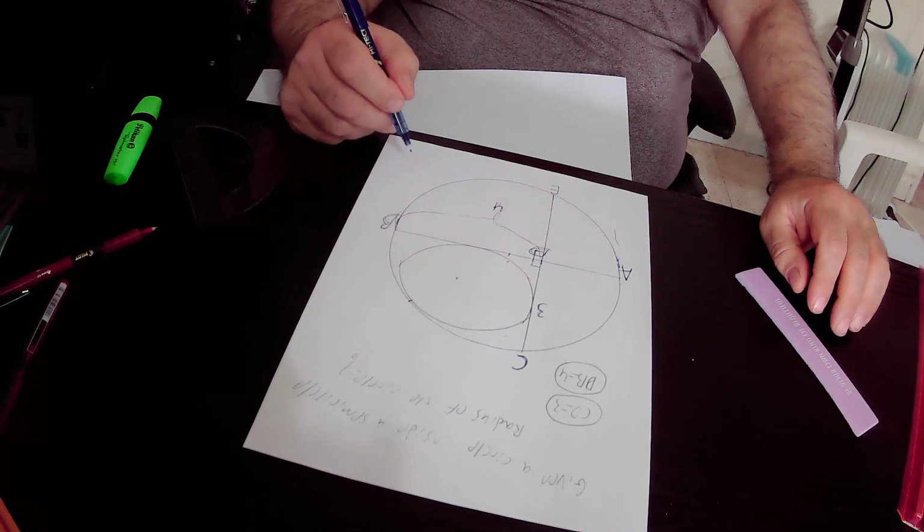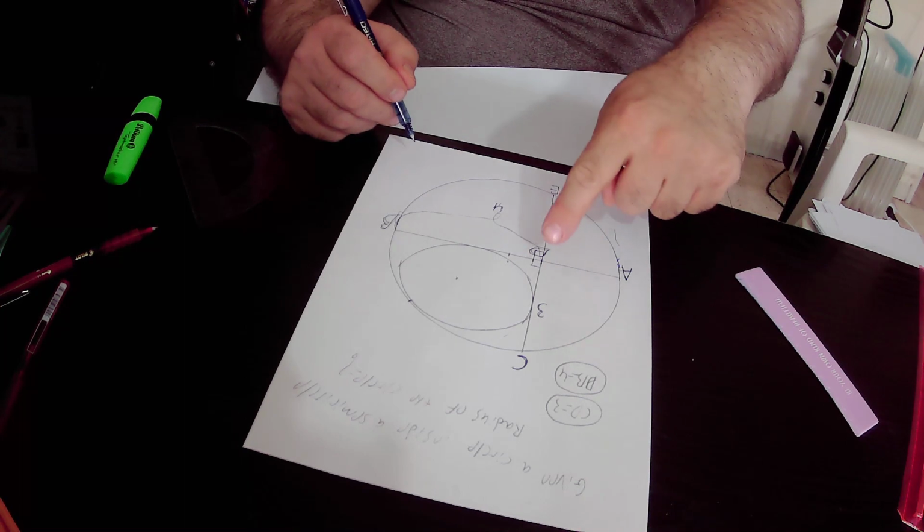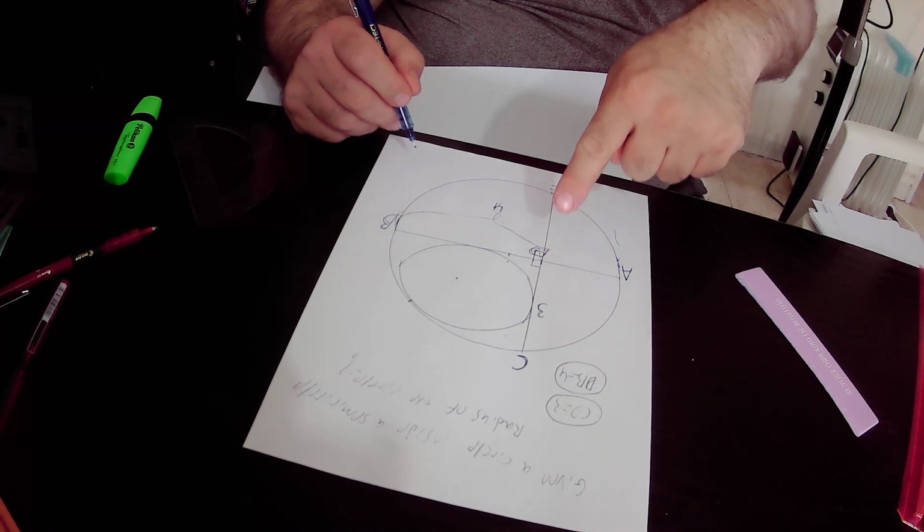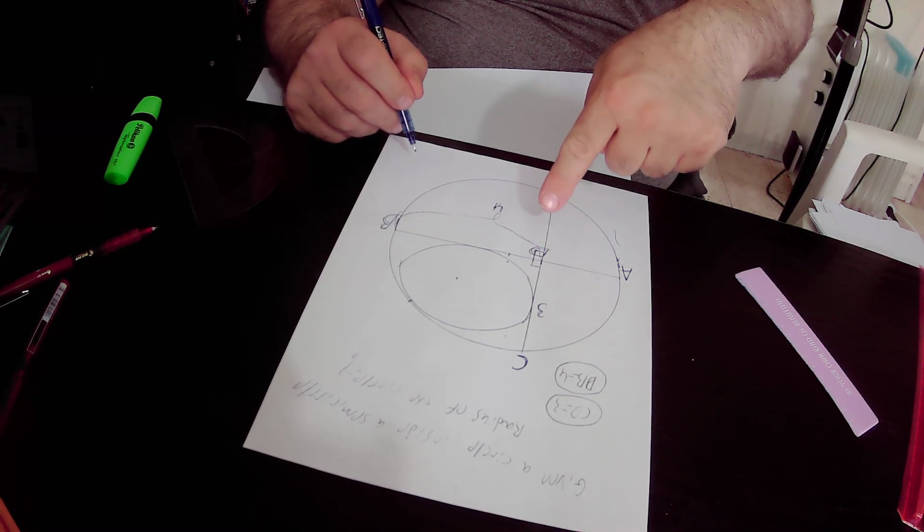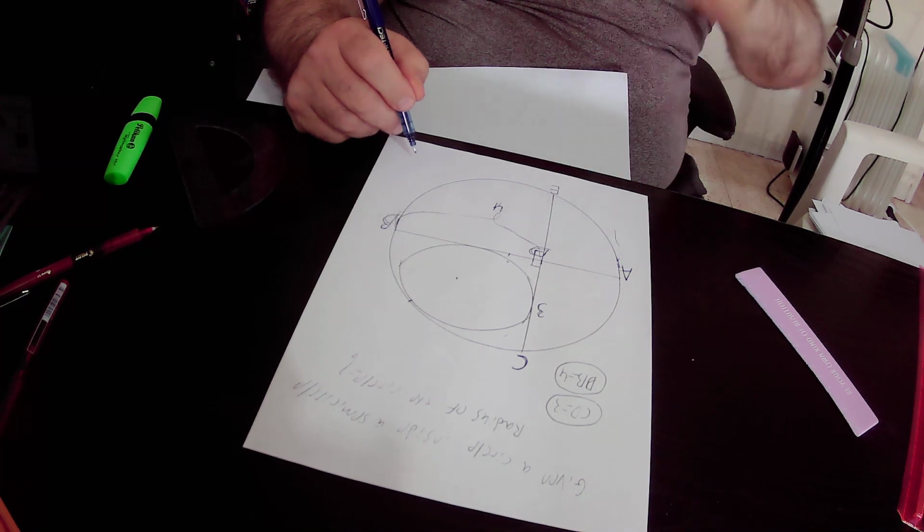So actually, we know that angle CDB equals 90 degrees, and angle EDB is also equal to 90 degrees.